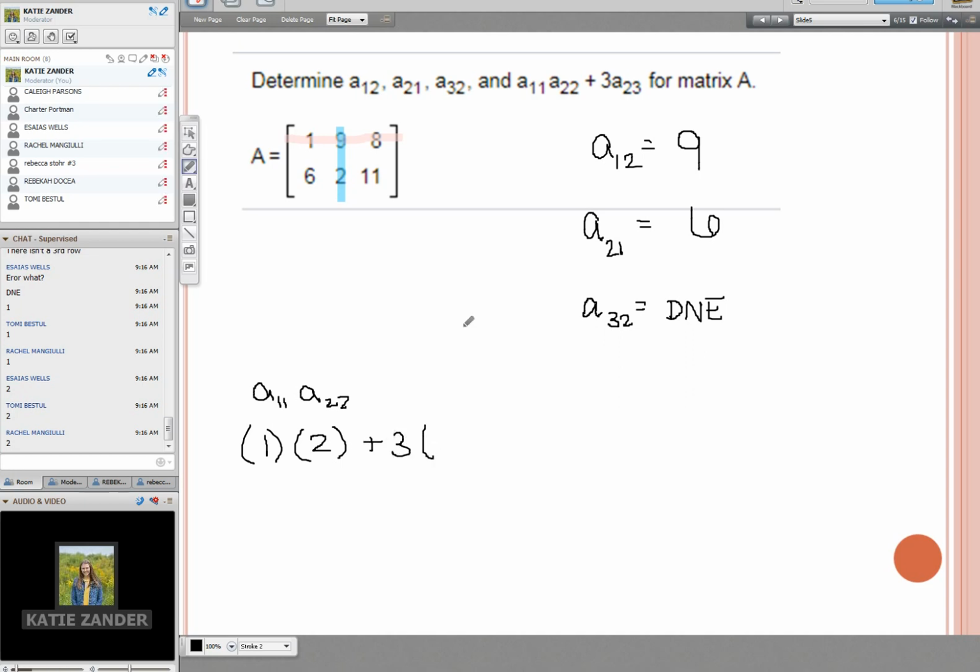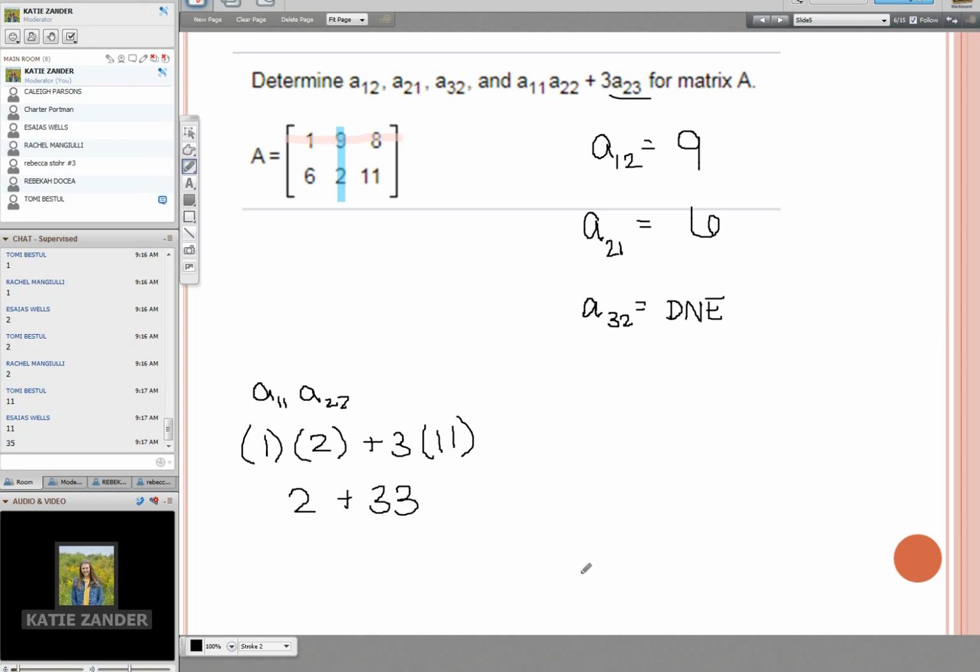And what about A sub 23? The element in row 2, column 3 is 11. Good. When I perform these operations, remember multiplication before addition. So we'll multiply those first and then add them together to get a grand total of 35. Perfect. Any questions with that at all? Not too bad if we're able to identify what these little subscripts actually mean and what they refer to.